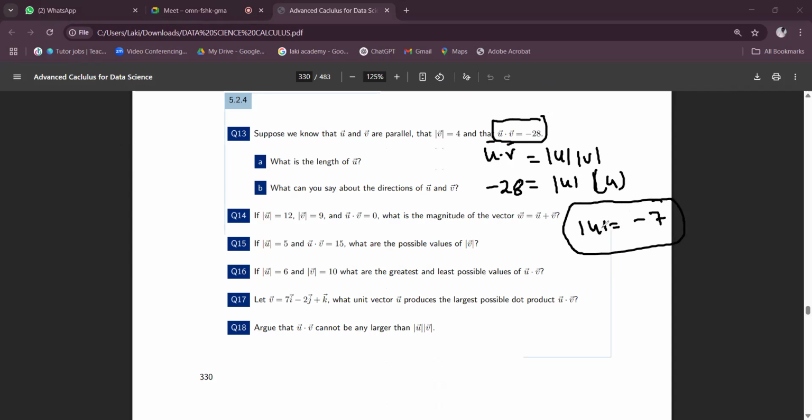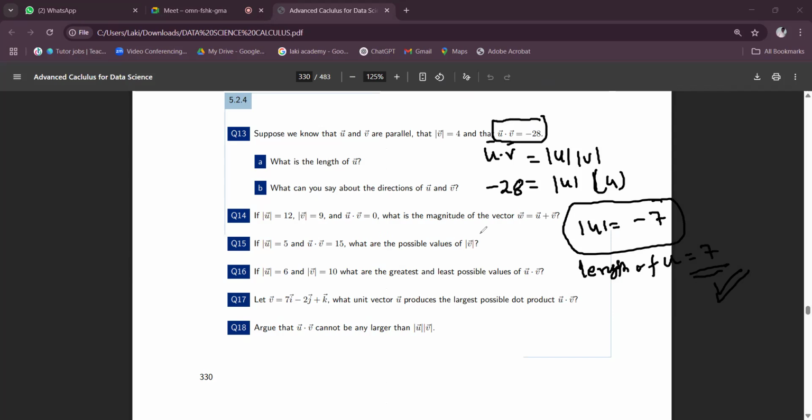That makes sense. But you know, mod U represents what? The length, the distance of U from the origin, and the length is never negative, so ignore the minus sign. It will be 7. Your result comes in negative, but the actual magnitude will be plus 4, plus 7.